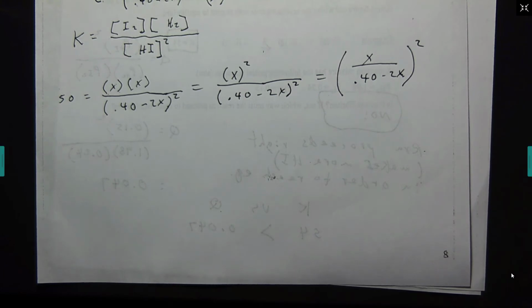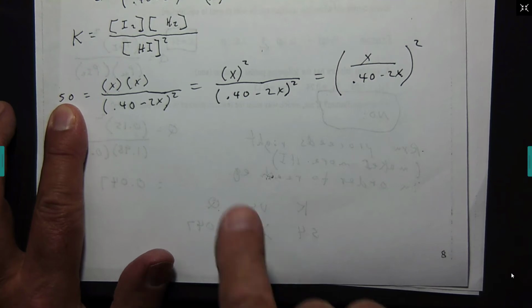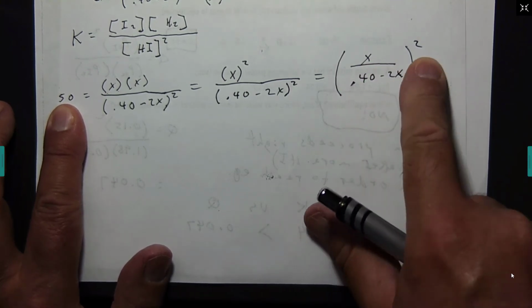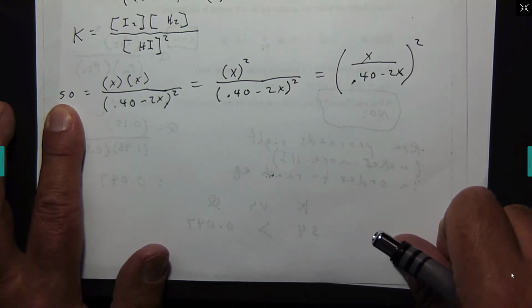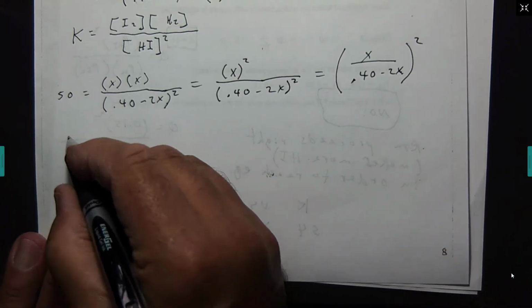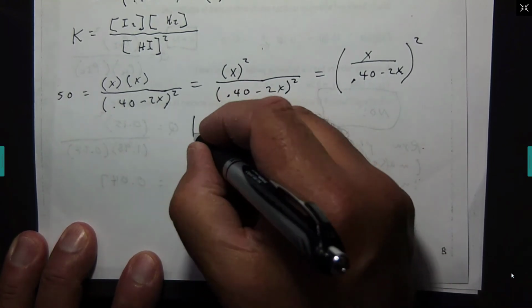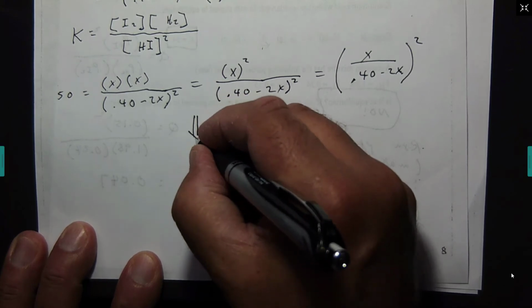So again, if you get something like that, you have your number that you know is equal to your stuff with x. Oh, guess what? You can take the square root of this side on your calculator. Taking the square root of 50, your calculator is going to tell you it's 7.07.